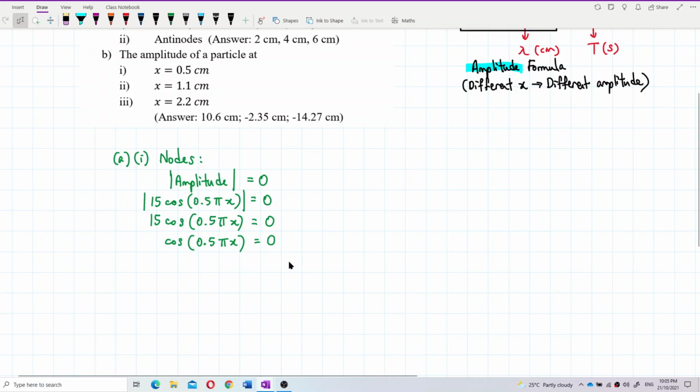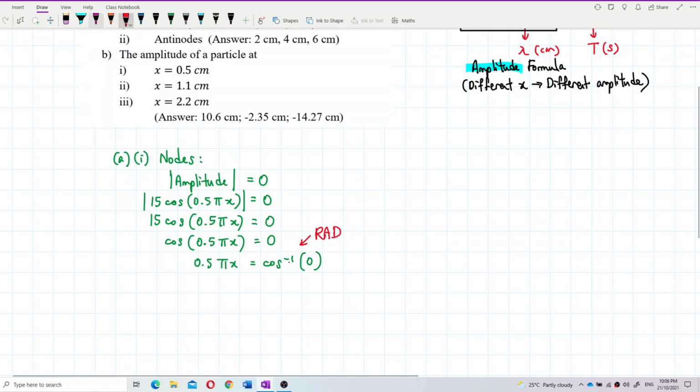So now anti-cos. This one, pi x, becomes anti-cosine of 0. Remember to use radian. Your calculator must be set to radian, not degree.